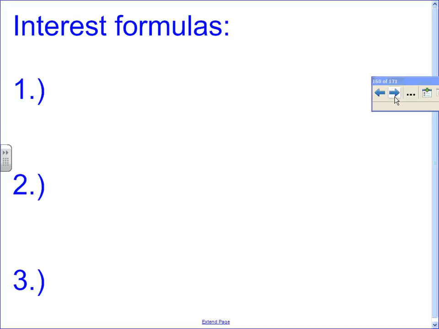Okay, Zach, what is the formula for just regular interest? How do you find regular interest? Good. Interest equals principal times rate times time. Charles, how do you find simple annual interest account balance? Good.